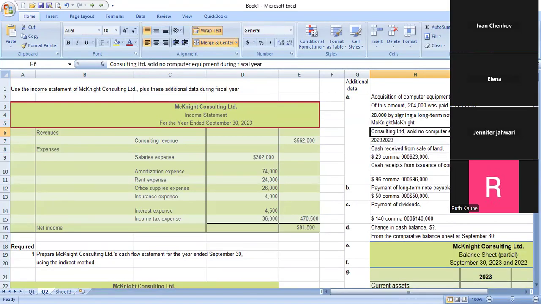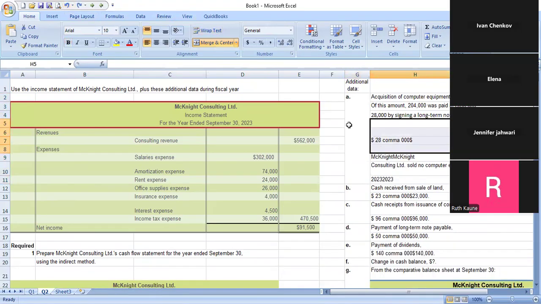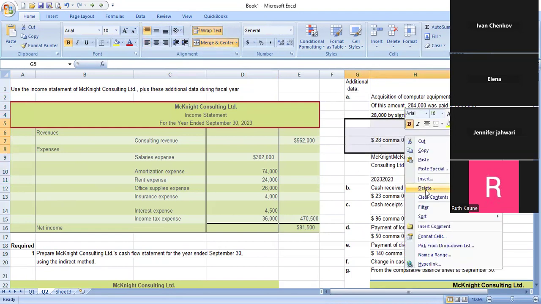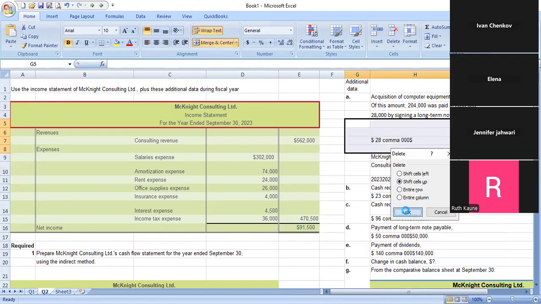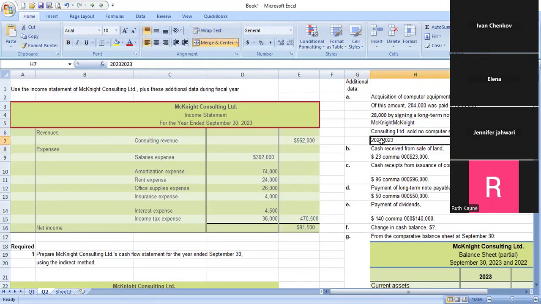So they're not selling any computer in the fiscal year. Now, the next one they have, I think I lost the alignment here. They haven't sold any equipment, which helps a lot. They received cash.